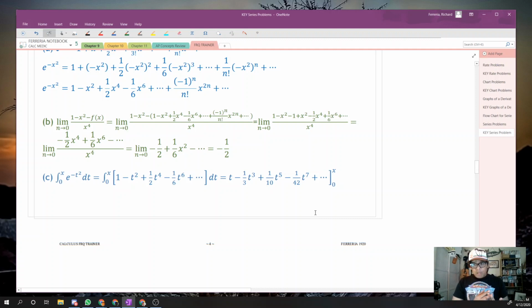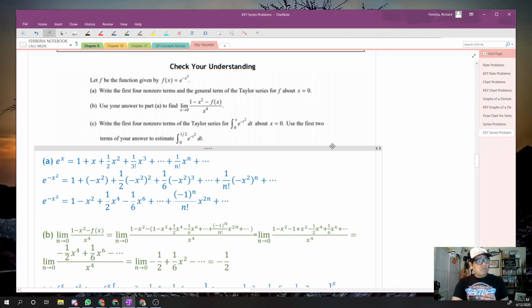Integrating that polynomial is actually not all that crazy. I think I said it earlier, you've integrated all sorts of polynomials by now, so you should know the rules. The only thing that I can mention here that hasn't been mentioned by me already is that nowhere did it say in the problem that you needed to integrate the general term. It just says the first 4 non-zero terms.